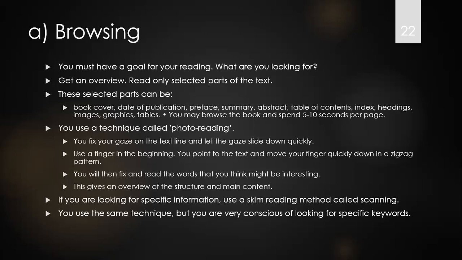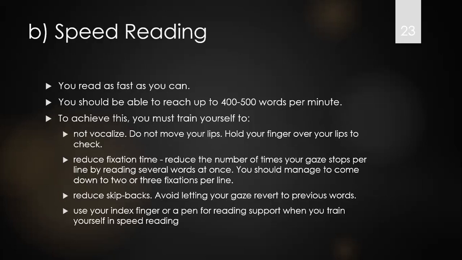So you first look for the words by running your finger through the text, and when you find the word that you want, you read that particular portion of the text. This gives an overview of the structure and main content of the text. If you are looking for specific information, use a skim reading method called scanning. You use the same technique, but you are very consciously looking for specific keywords.